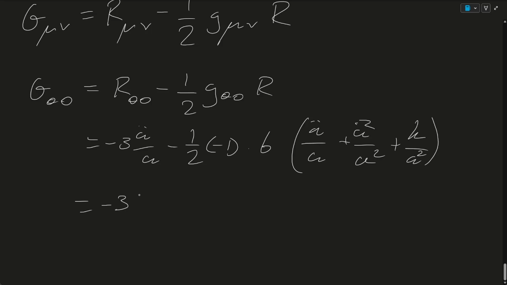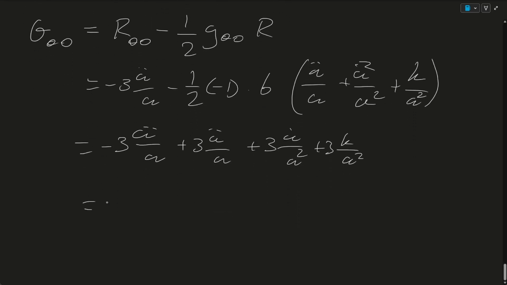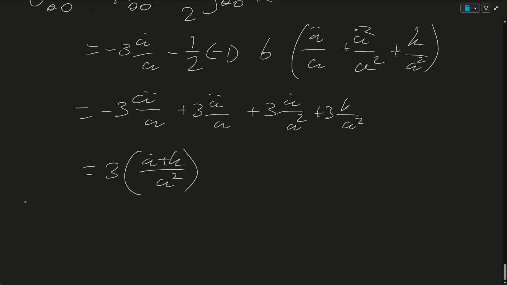This is minus 3 a double dot over a plus 3 a double dot over a plus 3 a dot squared over a squared plus 3k over a squared, which nicely cancels out. We get 3 times a dot squared plus k over a squared. I combine them there because there's no extra term.